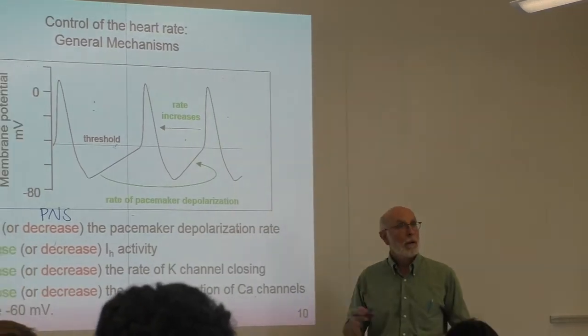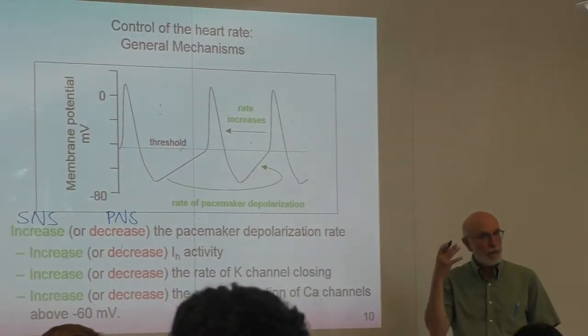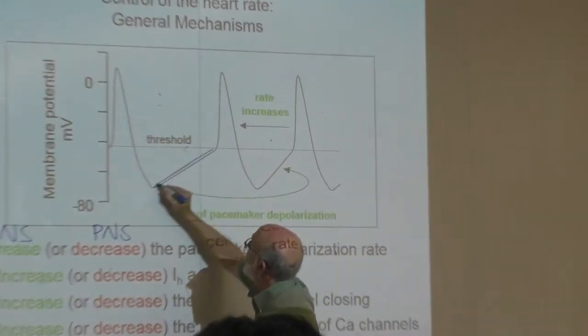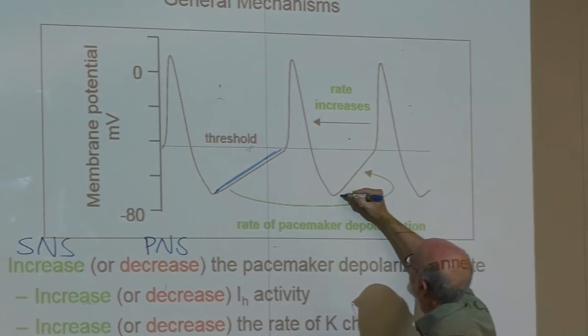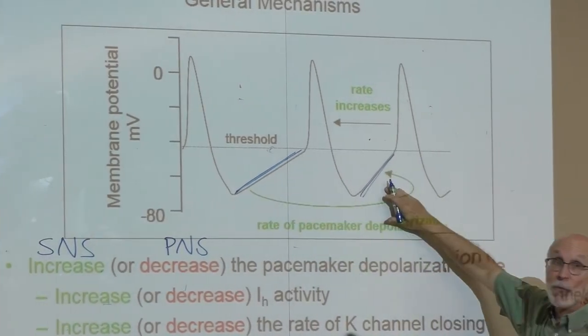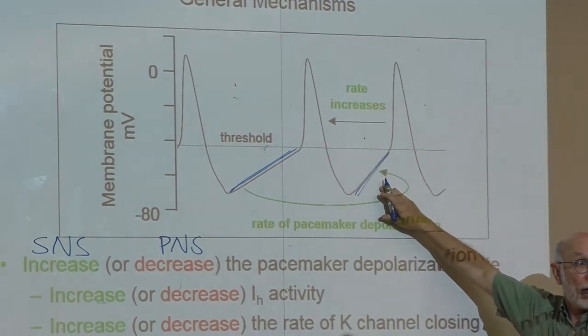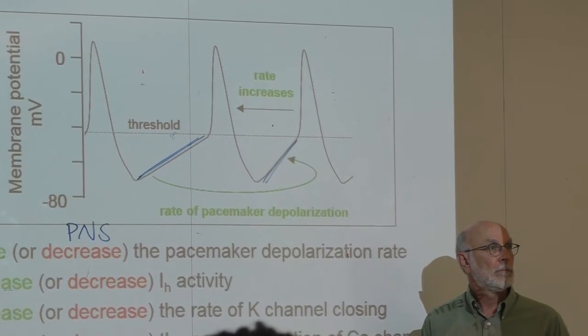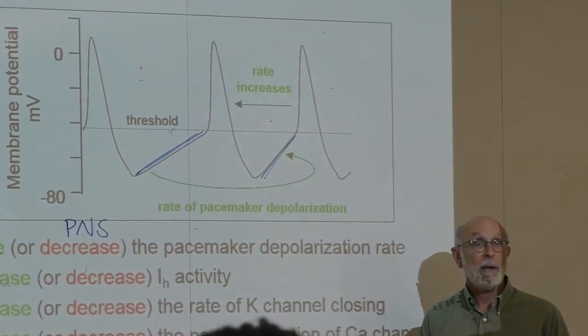First one, which comes naturally, you would imagine: if you change the rate of slow depolarization from this rate to this rate, you would increase the heart rate, right? Because you would reach threshold faster. That makes sense, right?